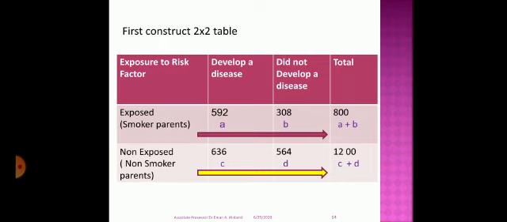This time, we are going to start, if you see, according to the direction of the arrow from left to right. If you remember, in the case control study, we started from above to down, the cases and controls, while in the cohort study, we are going from left to right, in order to calculate the risk.